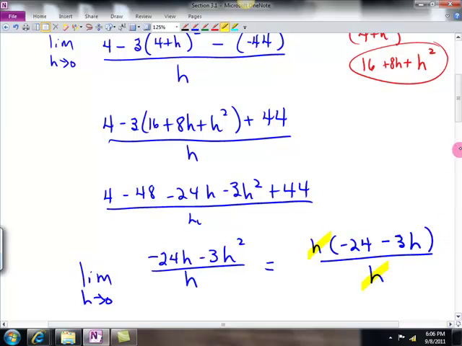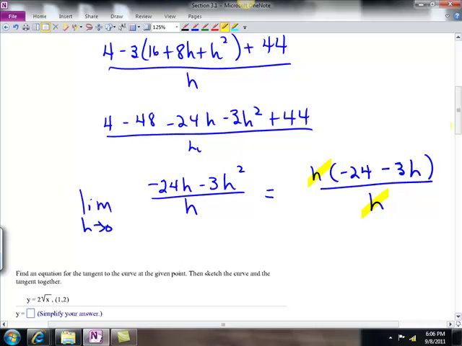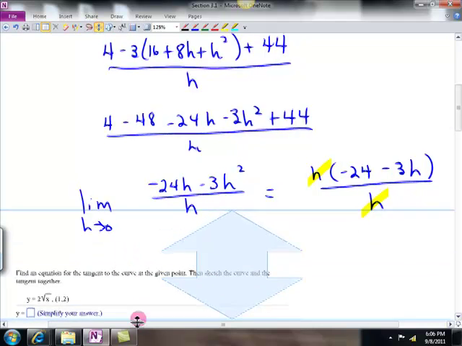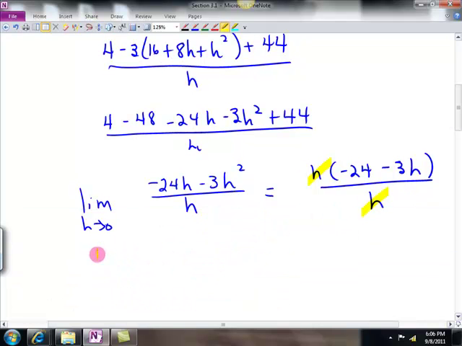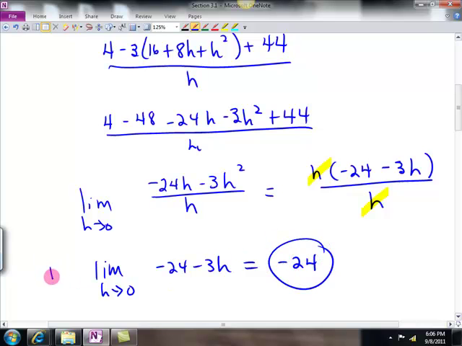Bam, bam. And so the limit as h approaches 0 of that thing is what? Negative 24. So there's your slope. Remember that this is m that we just found.